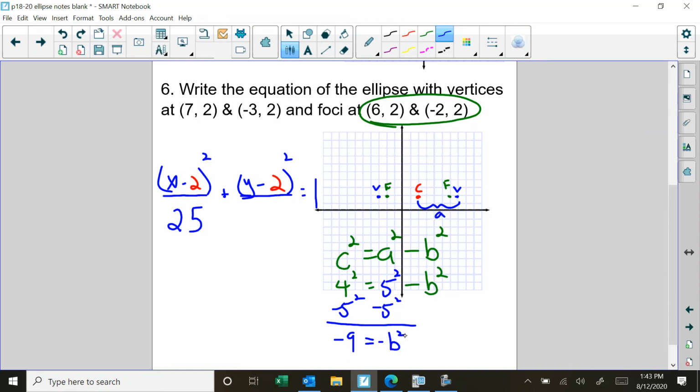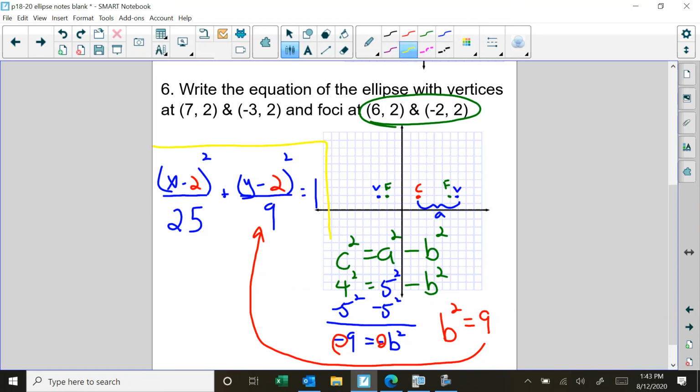And if you'll notice, b squared is also negative, so that wipes out both negatives in the problem, and it tells us our b squared equals 9, which is the number that we're going to put right here, 9. And that is the writing of an equation of an ellipse.